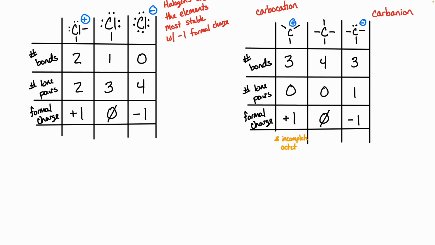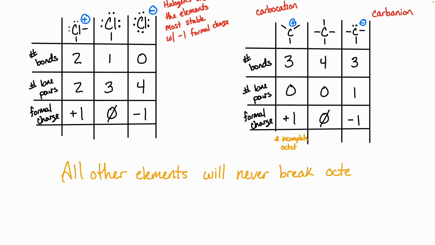And maybe we just want to say all other elements will never break their octet. If you're drawing an oxygen that only has 6 electrons, something went wrong somewhere.